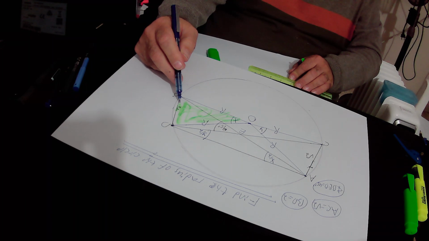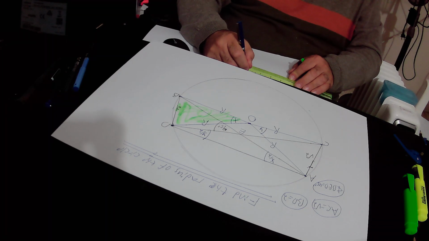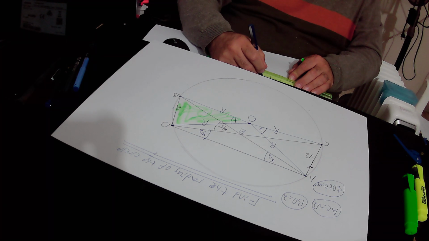BD equals 2 units, therefore BD squared is 2 squared, that is 4, over 2 times R.